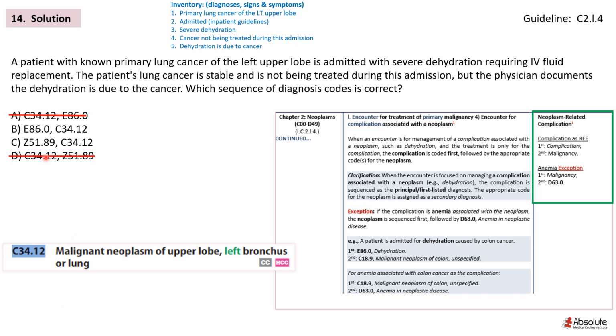Now we have just B and C left. C is sequencing this Z51.89 code first, which isn't our complication. And the E86.0 is dehydration. So we're going to eliminate C and we're going to keep B, which is dehydration, and then our malignancy code.